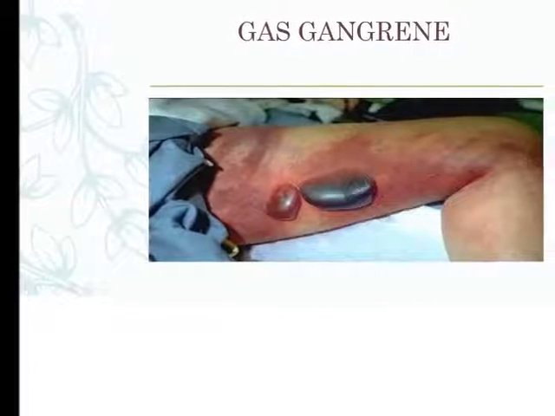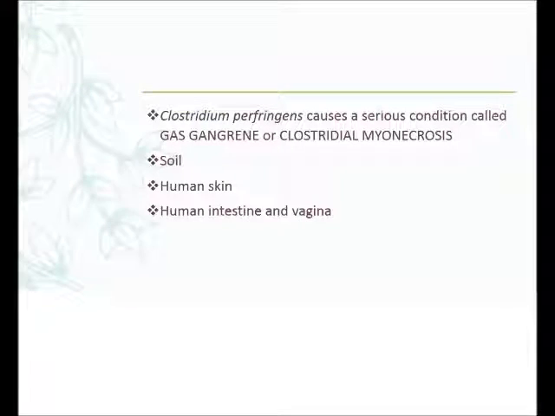Gangrene. Clostridium perfringens causes a serious condition called gas gangrene or Clostridial myonecrosis. Most of these species can be found in soil, on human skin, and in the human intestine and vagina.